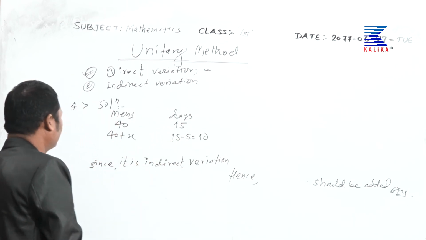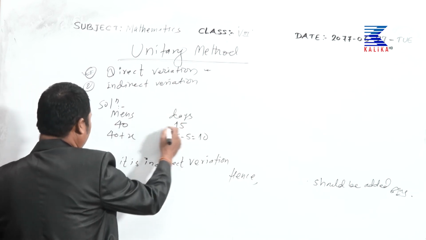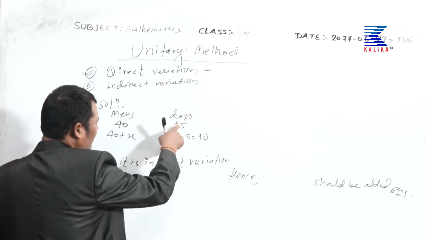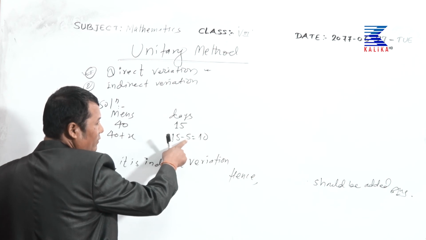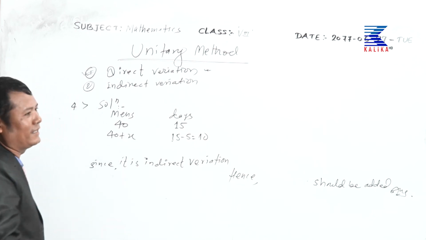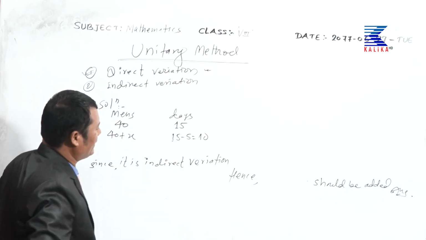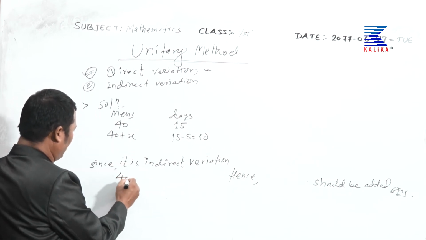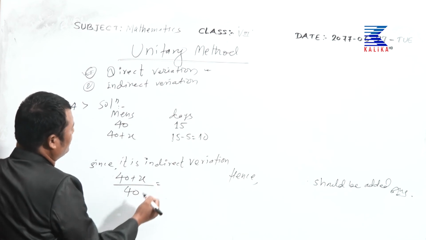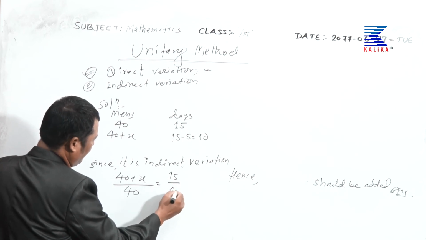Look here, 40 men and 15 days. 40 plus x, total days is 15, but 5 days before, so subtract, and 10: the work is complete within 10 days. So, since it is direct variation, 40 plus x upon 40 is equal to 15 upon 10.